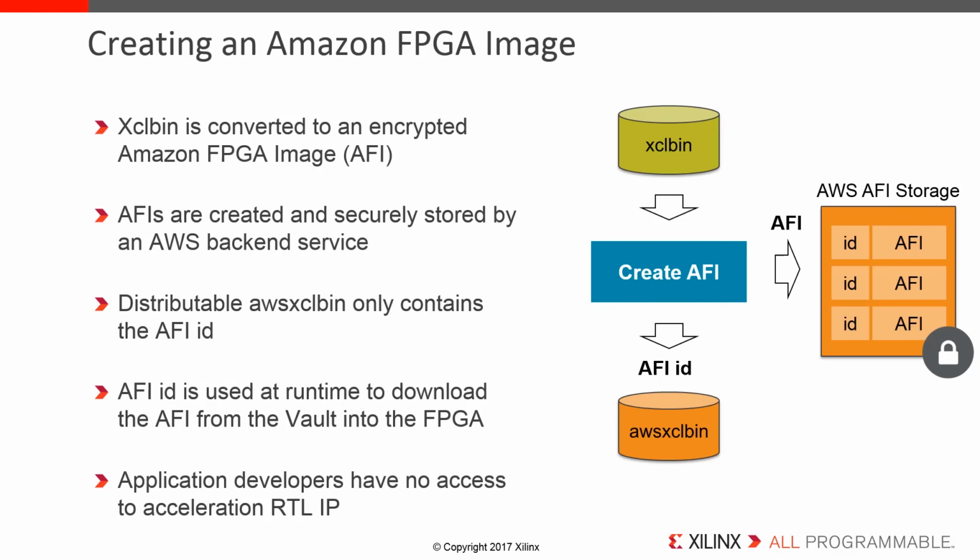This ID is written in the output AWS XCL bin file. In the diagram, this is shown at the bottom as the orange cylinder. The AWS XCL bin is what gets shared by app developers and app end users. It only contains the AFI ID. All sensitive FPGA design IP is securely stored.